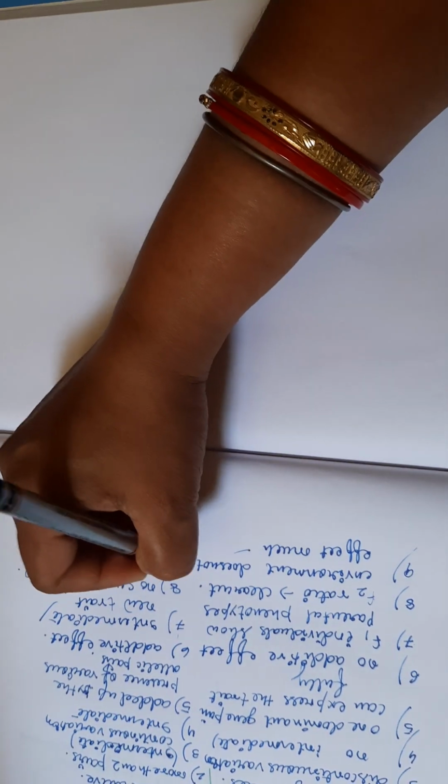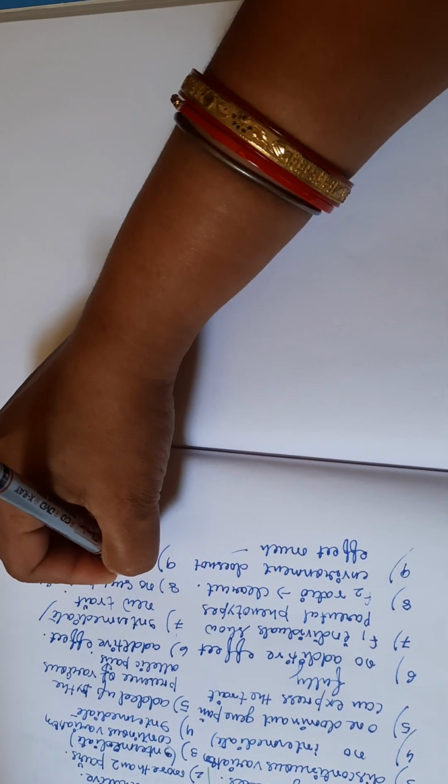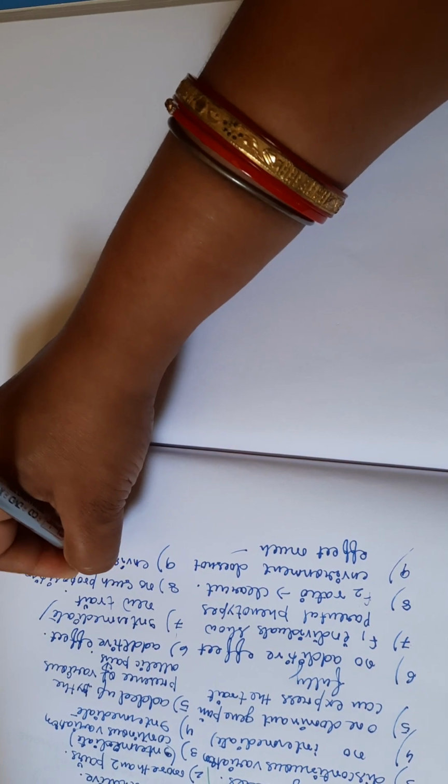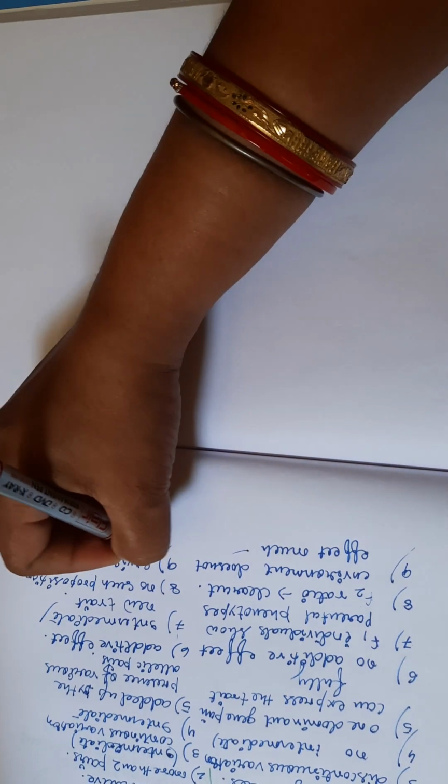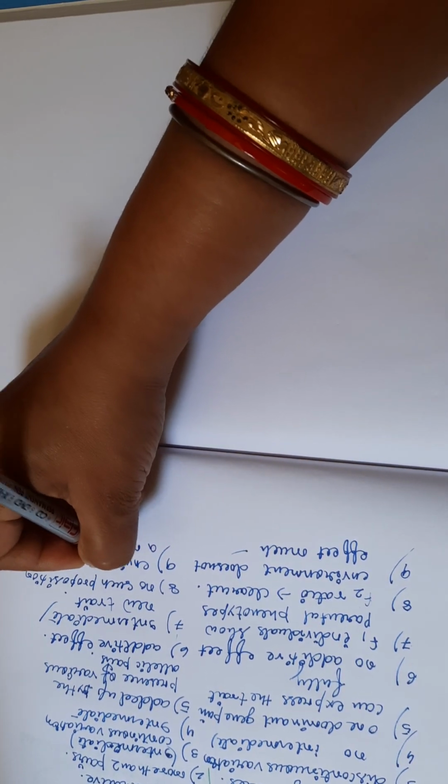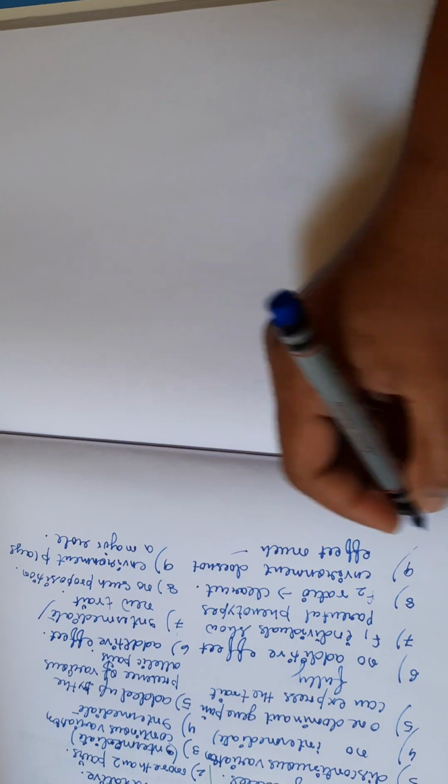But here, like I had told you, if you are fair skinned, then you can get tanned, and if you are dark skinned, then you can get lighter. So here environment plays a major role in the expression of the phenotype.